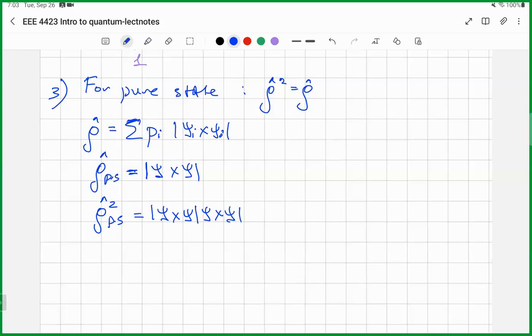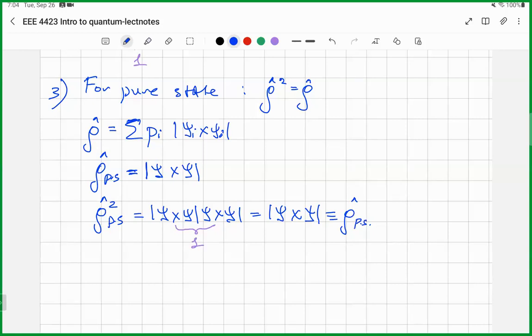And because the vectors are normalized, the inner product inside is equal to 1. So the result is |psi><psi|, which is equal to the pure state density operator.